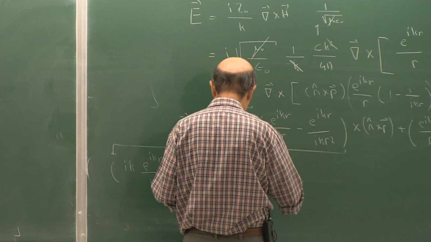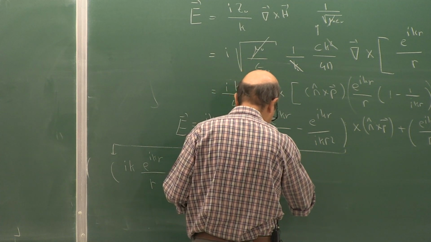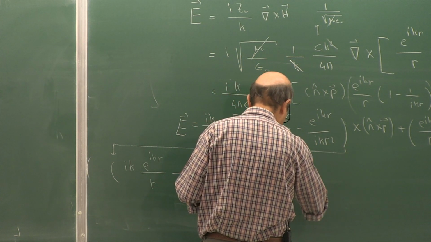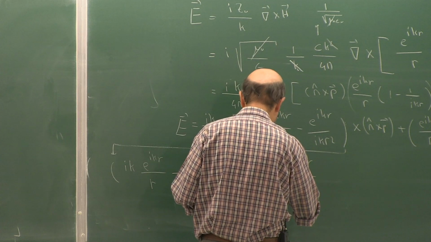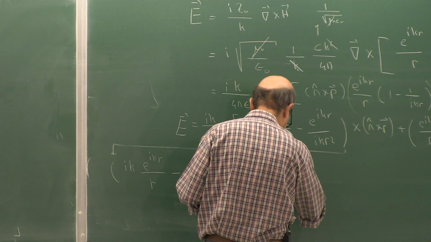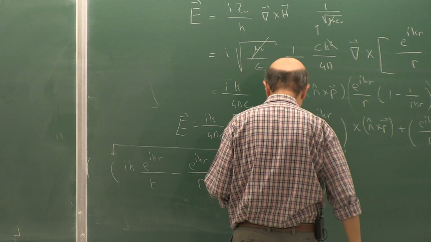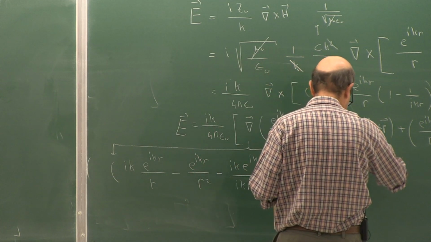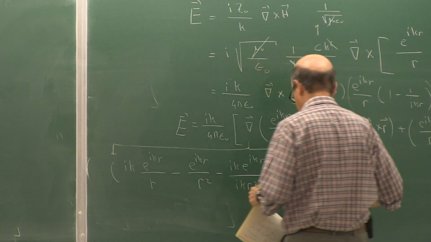Minus 2 makes plus 2 e to the ikr over ikr cubed, and the rest is n cross p.